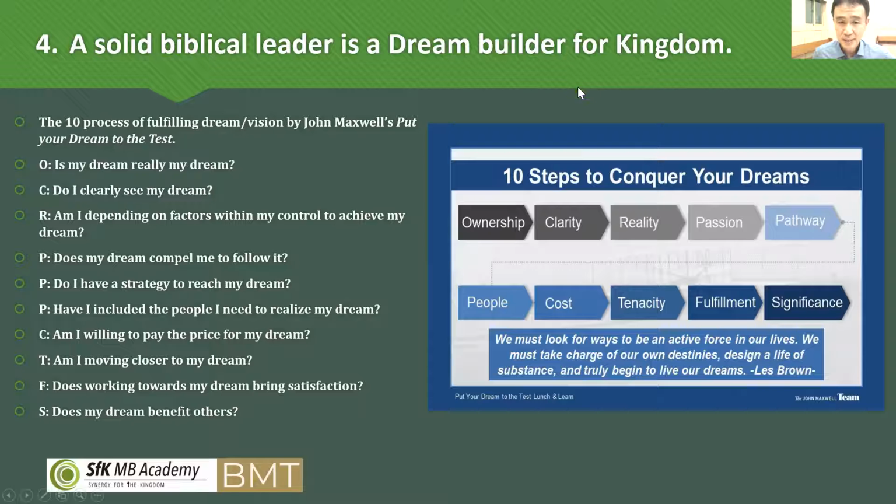The third question is the reality question. Am I depending on factors within my control to achieve my dream? Am I focusing on my strengths? Strengths are related to habit. Once we put our strengths together with habits, it becomes stronger.